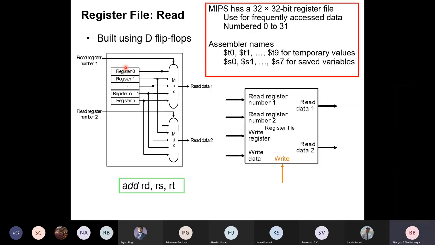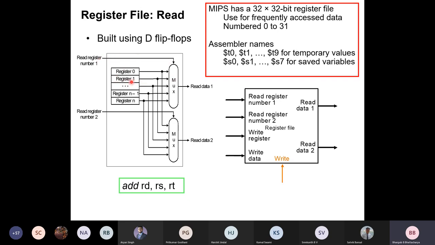So there is a mux here, and since there are 32 registers, this mux has 32 inputs. Now each input is 32-bit wide. These are buses, and this is the line which selects the particular register.